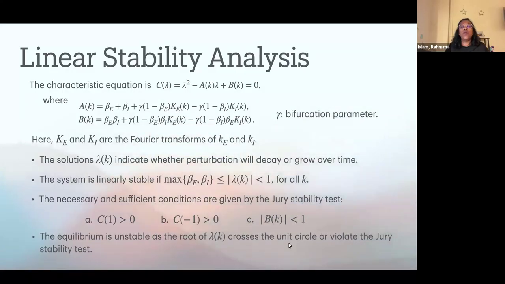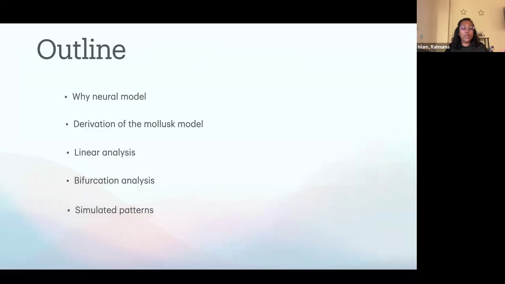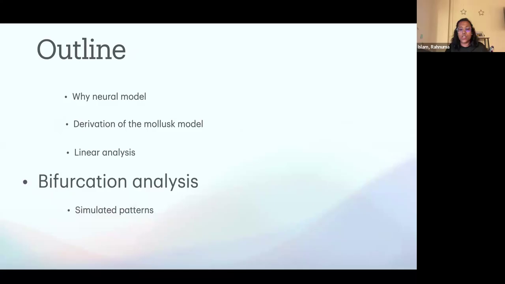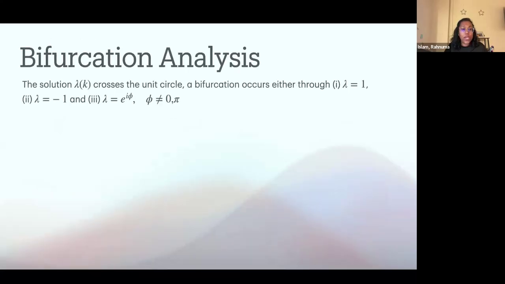This root will cross the unit circle in 3 ways, and that's what I'm going to talk about next, the bifurcation analysis. So the system would be unstable when lambda leaves the unit circle in 3 ways. One is through lambda equal to 1, another is through lambda equal to -1, and another is lambda equal to e to the power i phi.